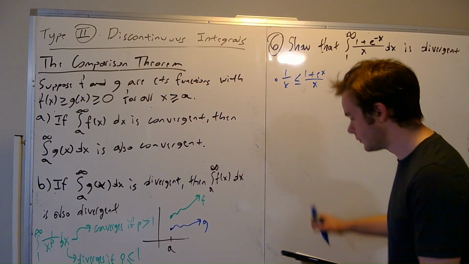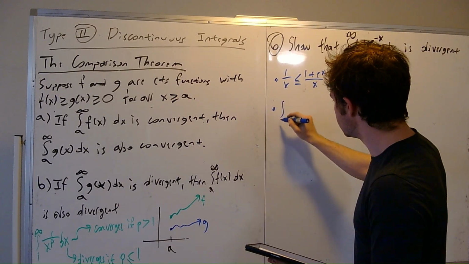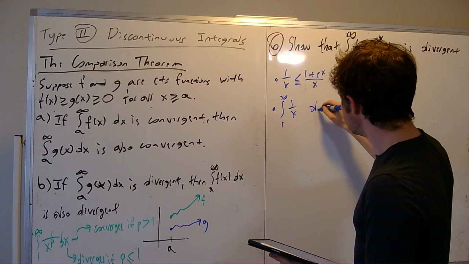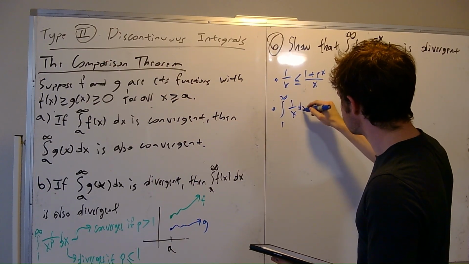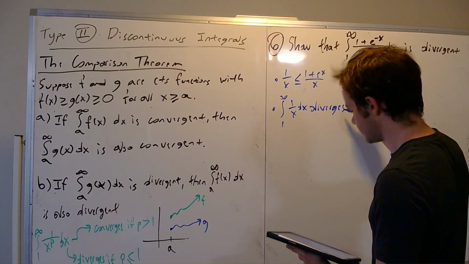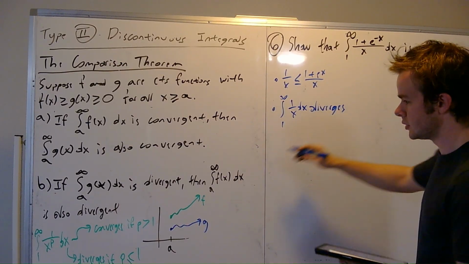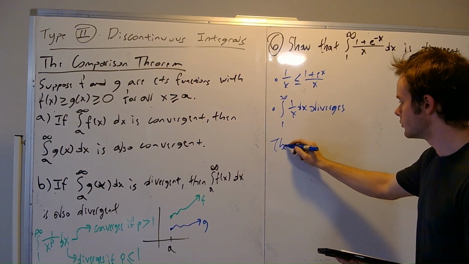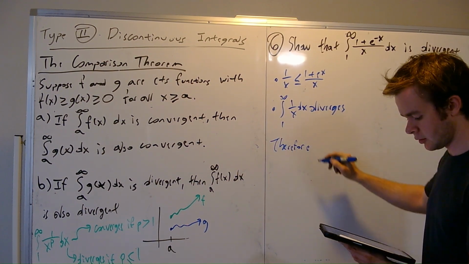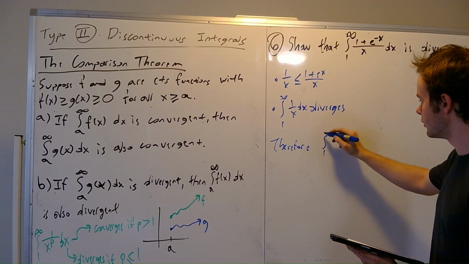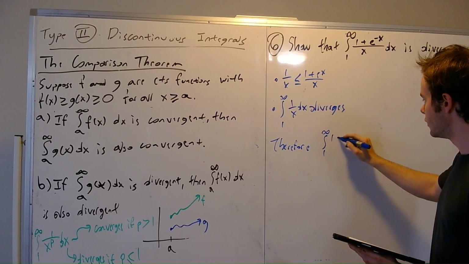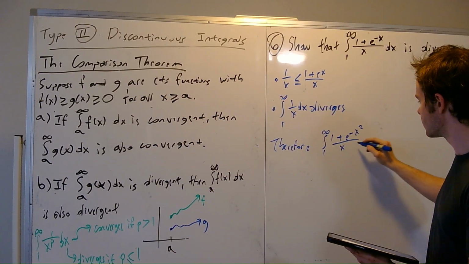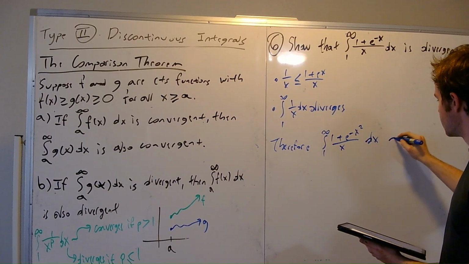And then we can write here the integral from 1 to infinity of 1 over x dx diverges, because of what I wrote down right here. Therefore, the comparison theorem gives that the integral from 1 to infinity of our original function diverges.